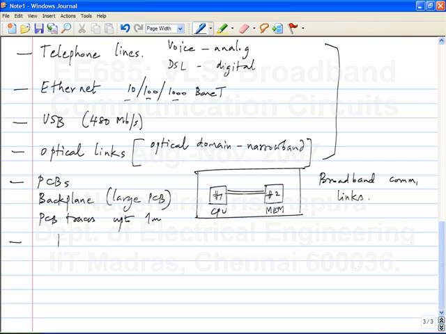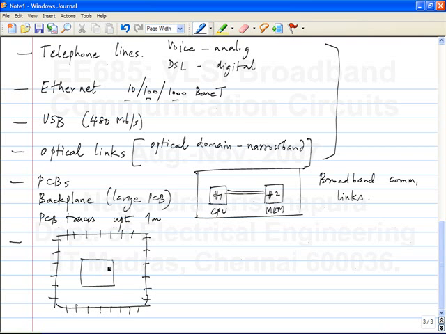So, typically you have a piece of ceramic or plastic with pins on the sides, or it may be at the bottom. And inside the package is a cavity in which you place the silicon chip, and the chip is connected to the package through what are known as bond wires.